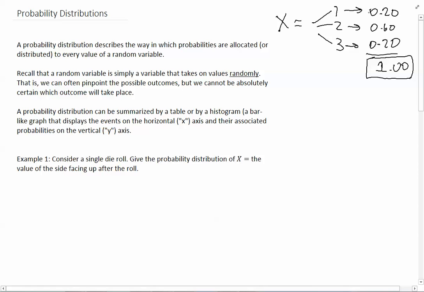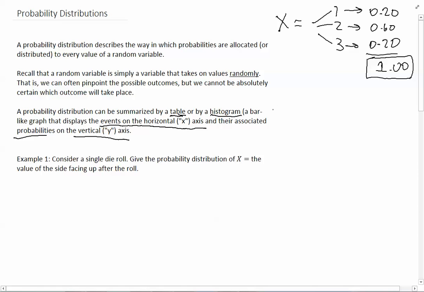A probability distribution can be summarized by a table, so there's nothing really fancy about this, or by a histogram. A histogram is really just a fancy type of bar graph that displays the possible values of x on the horizontal axis, and their associated probabilities on the vertical axis.